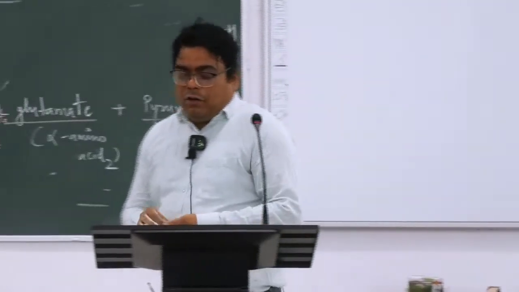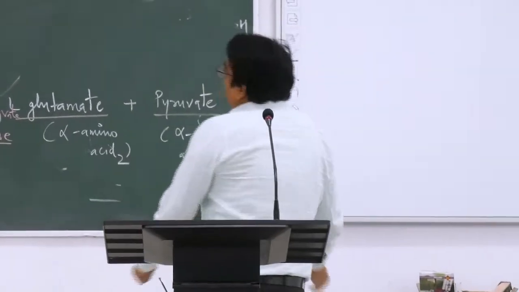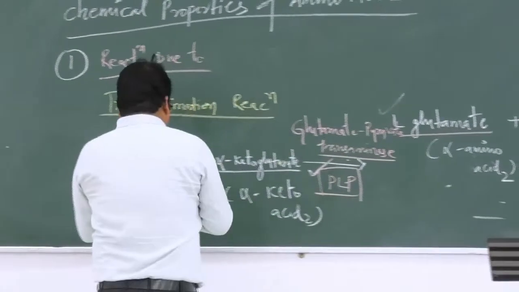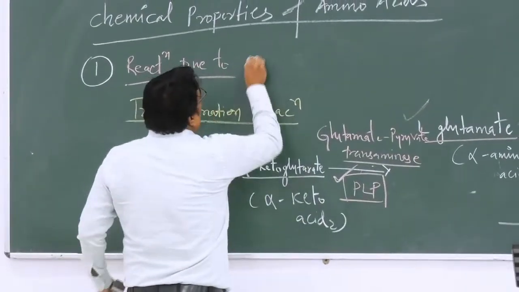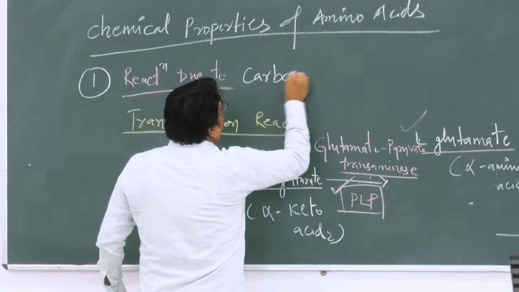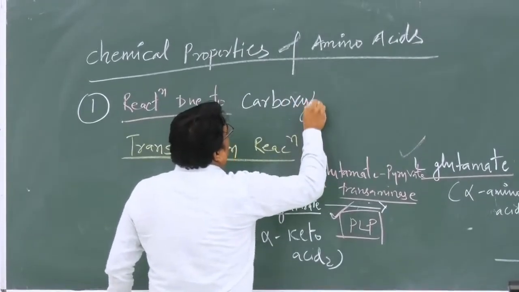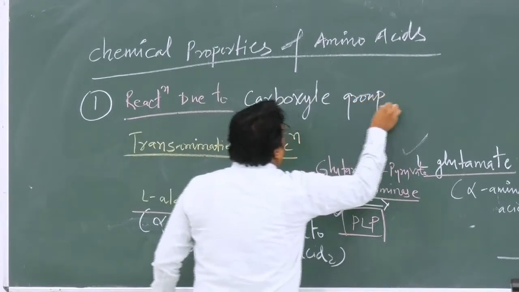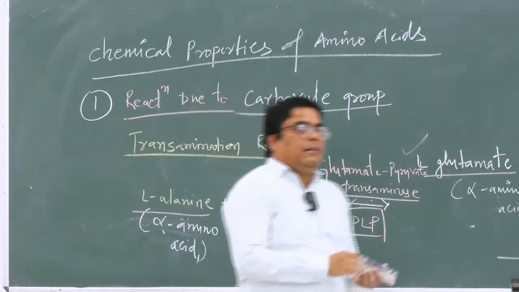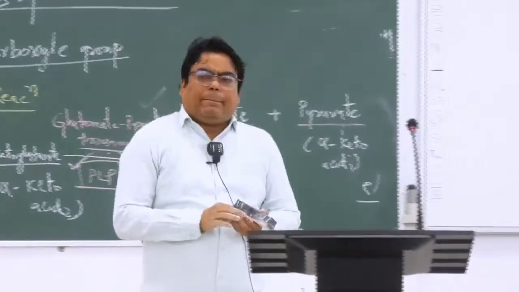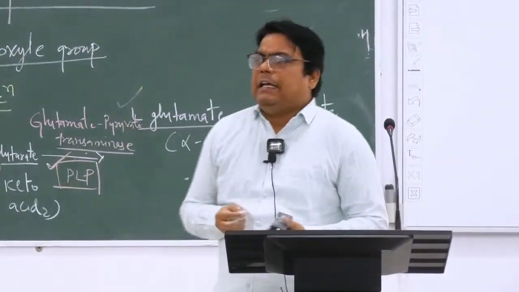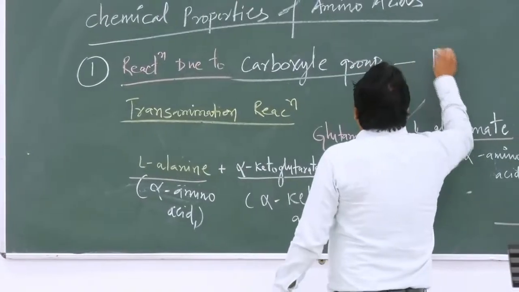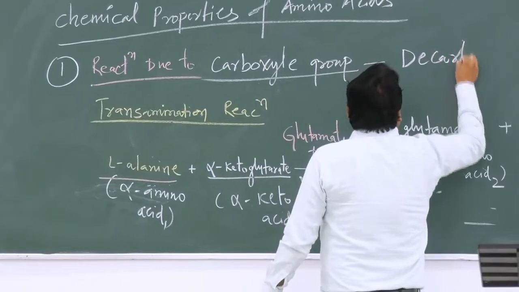Okay. Now the second reaction is by the carboxylic group. What type of reaction proceeds here? The removal of the carboxylic group from a particular product is known as decarboxylation.